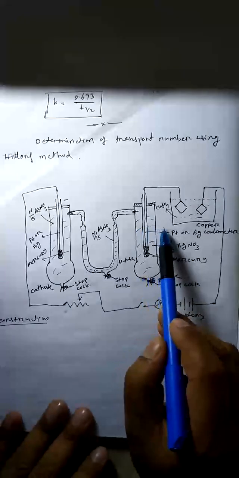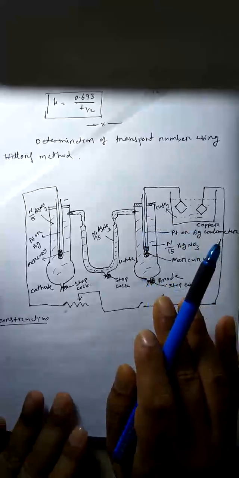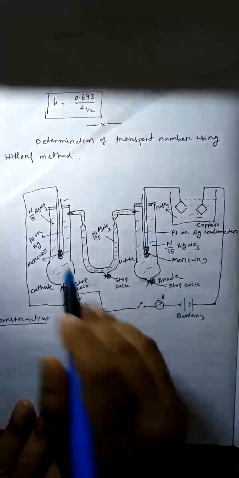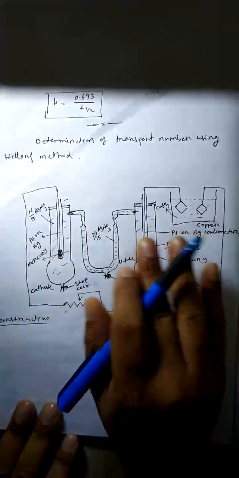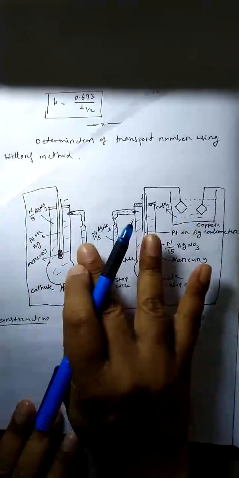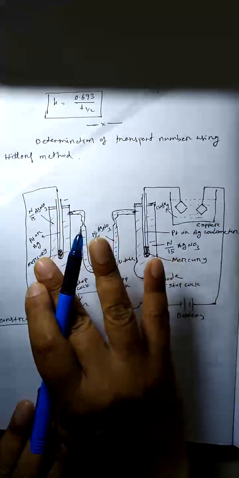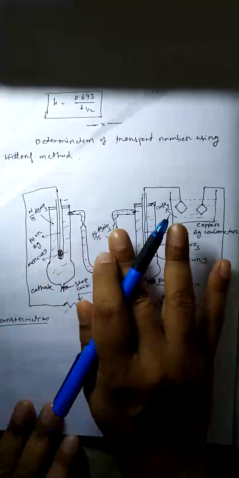So this is the construction part. In the construction part, whatever you draw, you have to write. You can write that the entire apparatus consists of four sections.